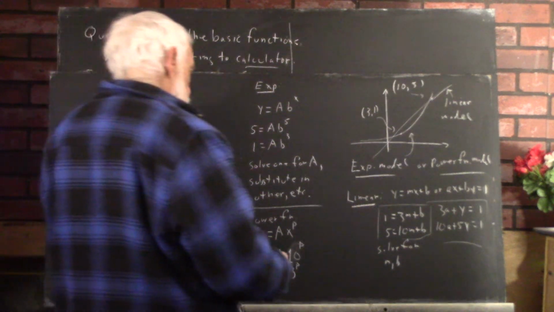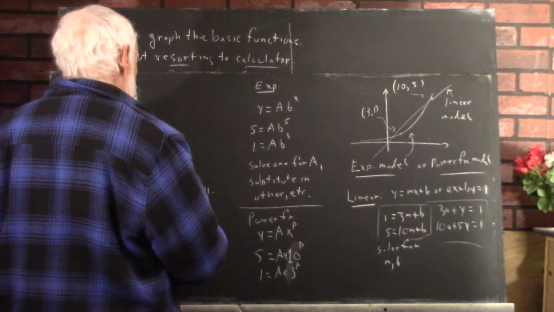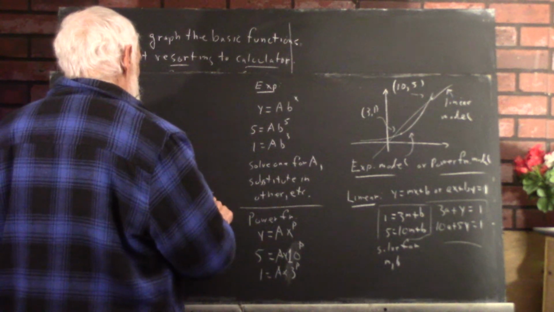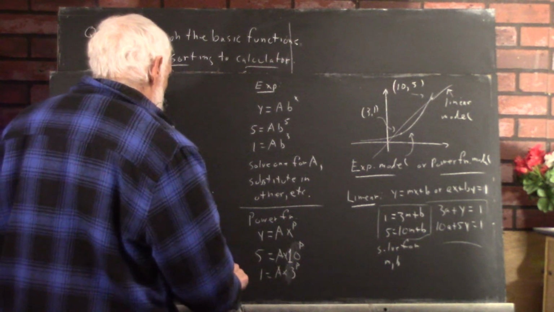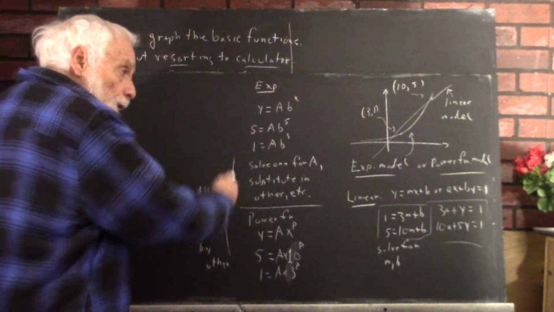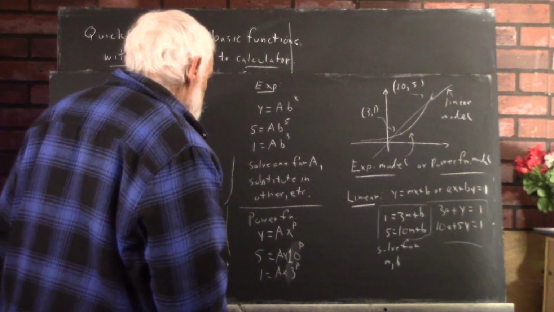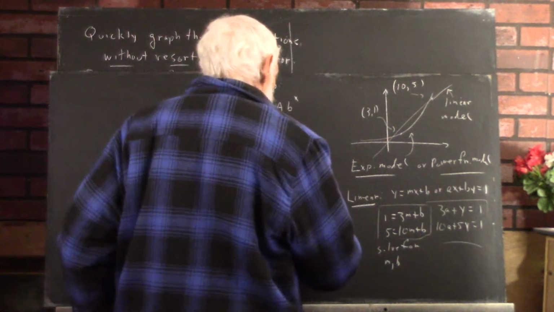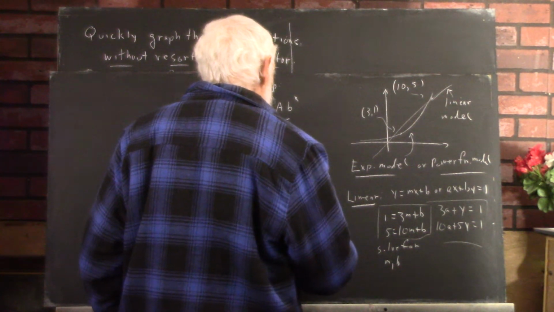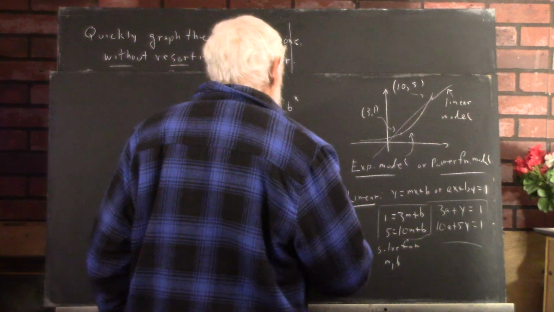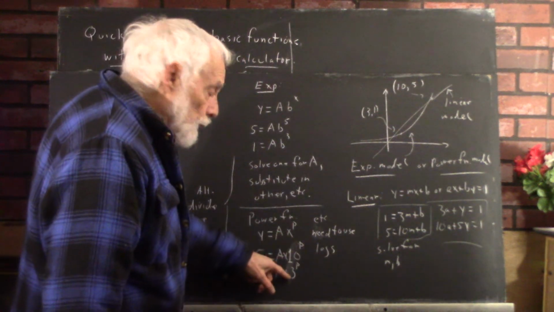And I didn't give you the alternative here. Alternative: you can divide one of the equations, either up here or down here, by the other, eliminating A, and solve for B. So I'll just say here, etc. You're going to need to use logarithms because one of your unknowns is in the exponent.